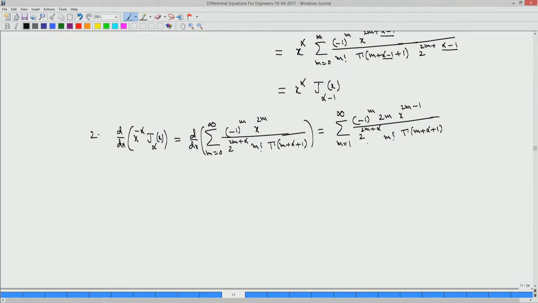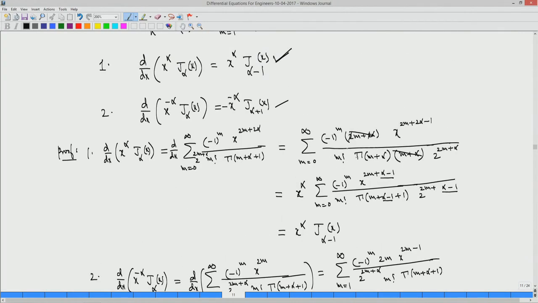So, now you change the index and rewrite. Where is that x power minus alpha gone? When you multiply and differentiate, you want x power minus alpha out.